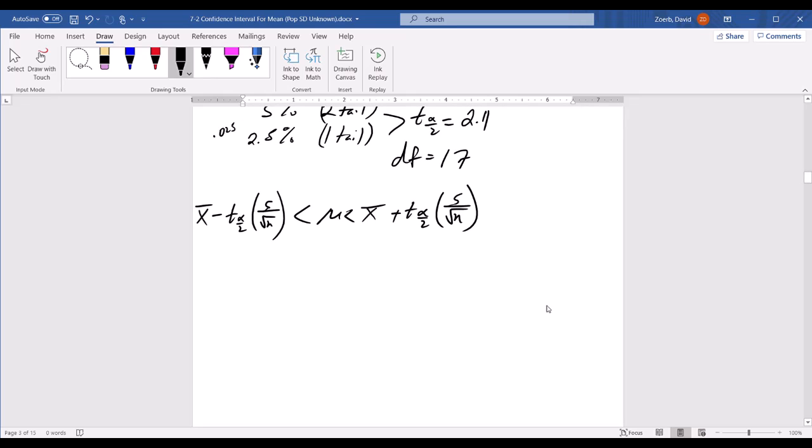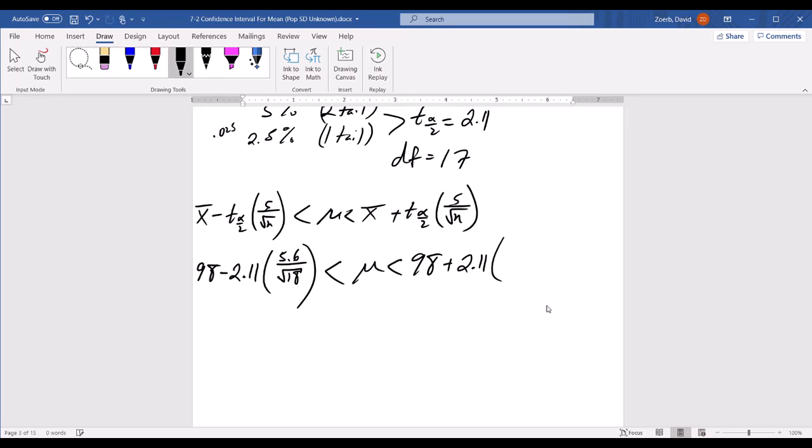So you should have 98 minus 2.11 times the quantity of 5.6 divided by square root of n, which was 18, less than, match what I just wrote, except put a plus. So 98 plus 2.11 times 5.6 divided by square root 18.